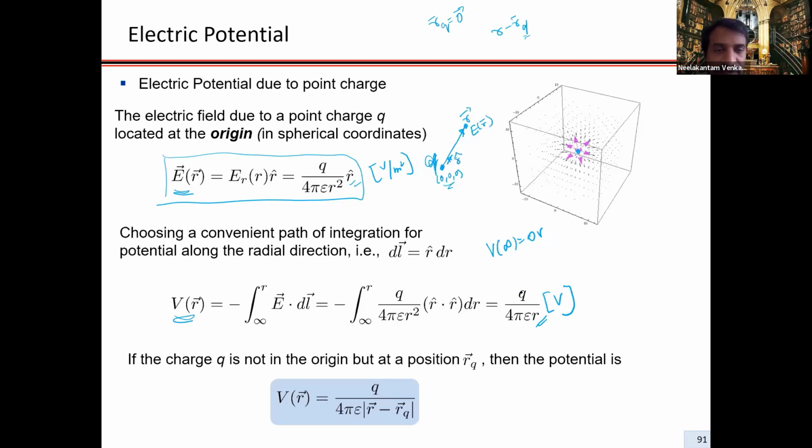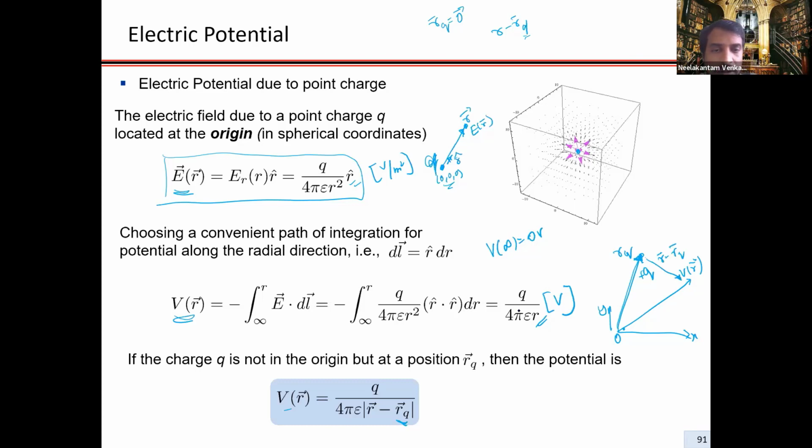So for a certain charge Q at a location RQ, where this is my origin, X and maybe Y, and at this point I have a charge plus Q, I want to find the voltage at R. Because of this RQ, I use R minus RQ.